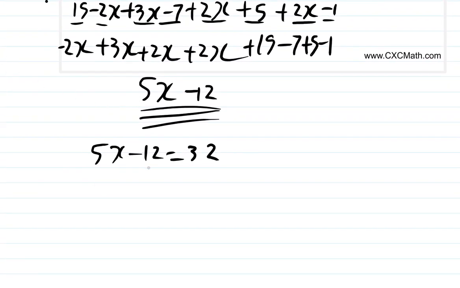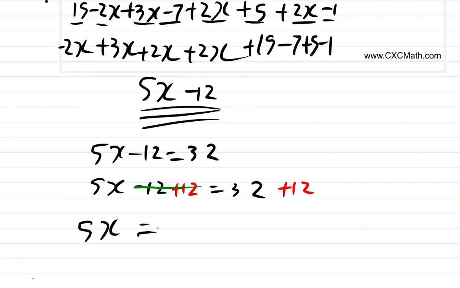You add 12 to both sides, to get rid of the 12 over here. So negative 12 plus 12, this is gone. So it's 5x equals 32 and 12 is what?